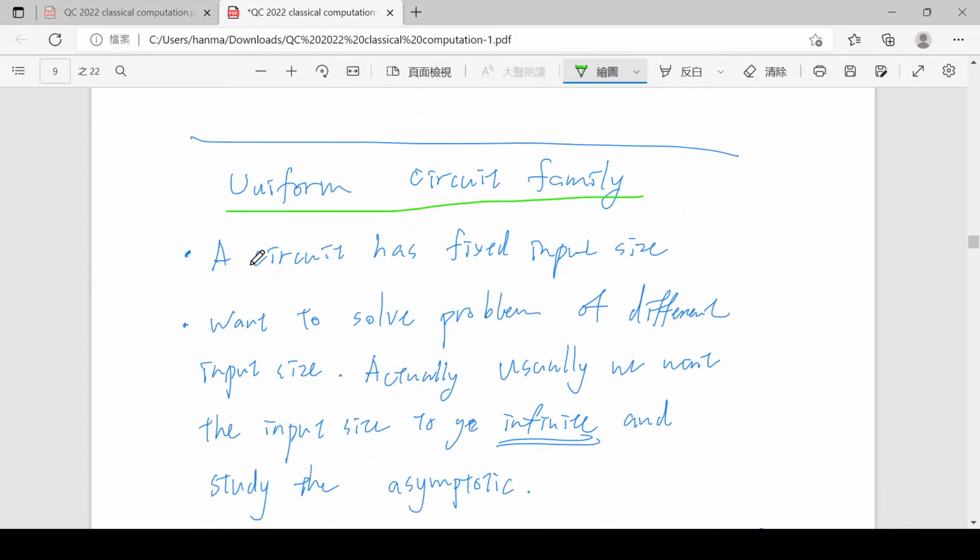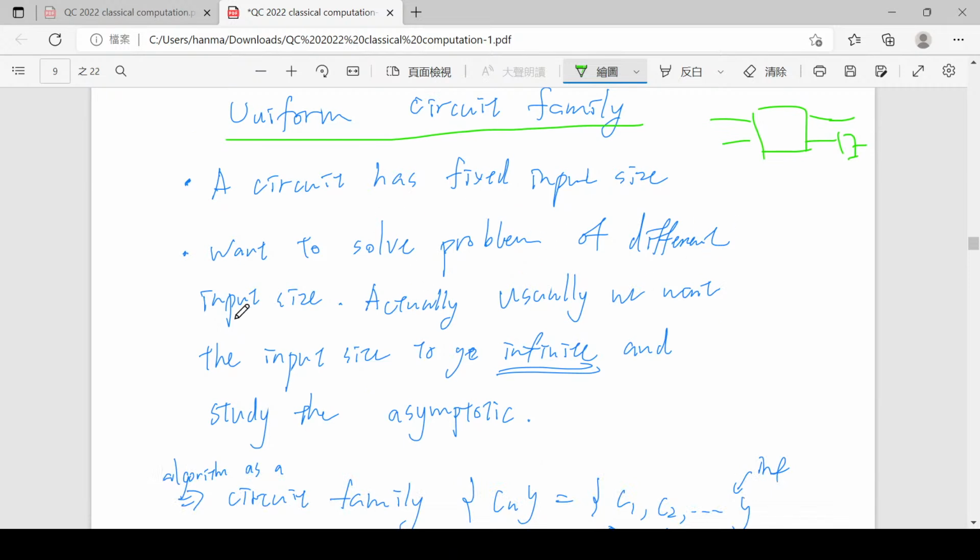So as we said, if you draw a circuit, some diagram, maybe this, right? And you draw some circuit, then it will have some fixed input and output size. But in particular, it has a fixed input size. But we want to solve a problem, and we probably want to solve it for different input sizes. We usually want to study asymptotics, so we want the input size to go to infinity.